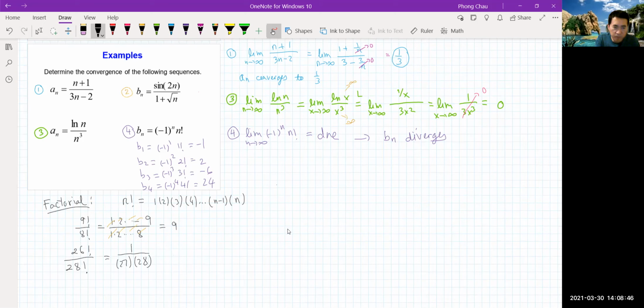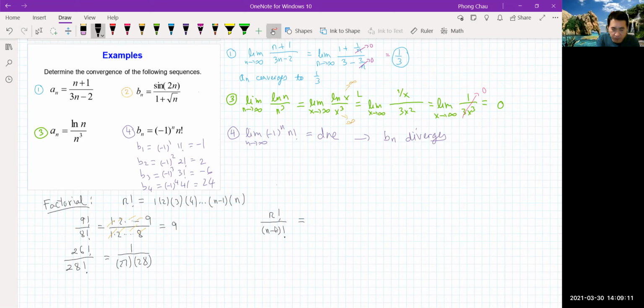And sometimes we're going to simplify in general, say, what is n factorial over n minus 1 factorial. So if you compare the two, n and n minus 1, the top is 1 unit bigger than the bottom.